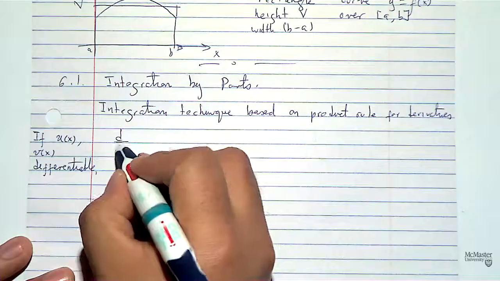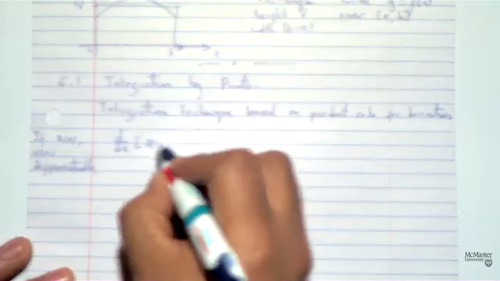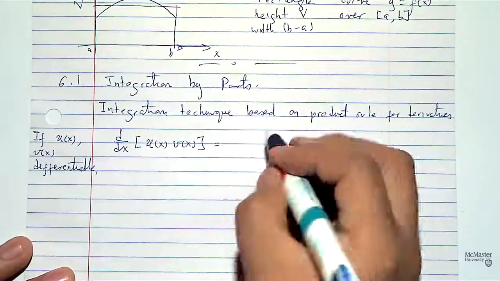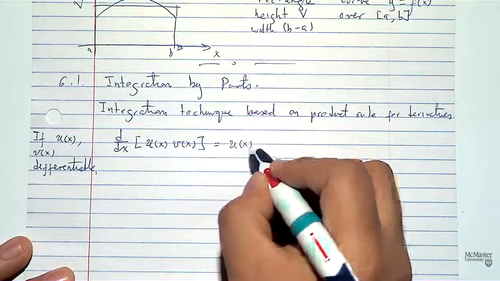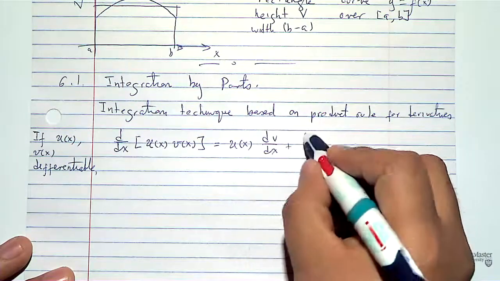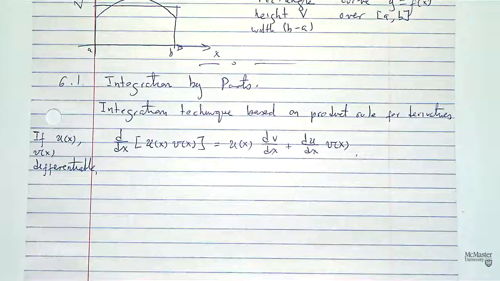And then you know the formula for the derivative of a product. Let's say that you have the product u of x times v of x, and then you have the derivative. So you have the rule, right? First, u times the derivative of v with respect to x plus du dx times v of x. Okay? So that we know.